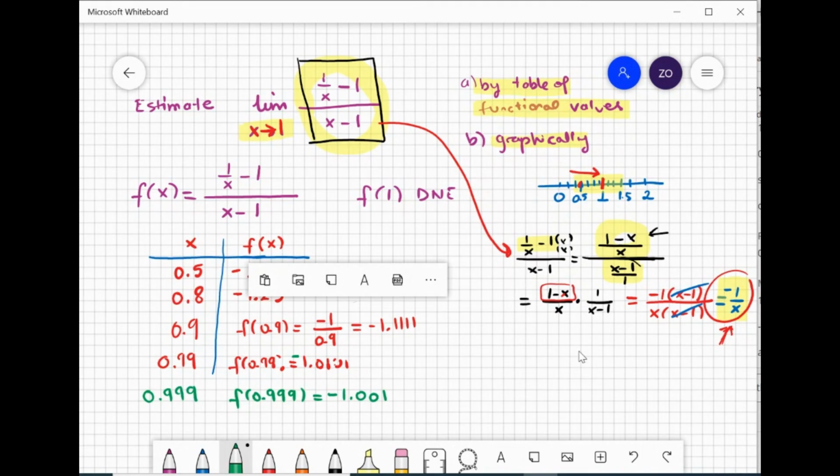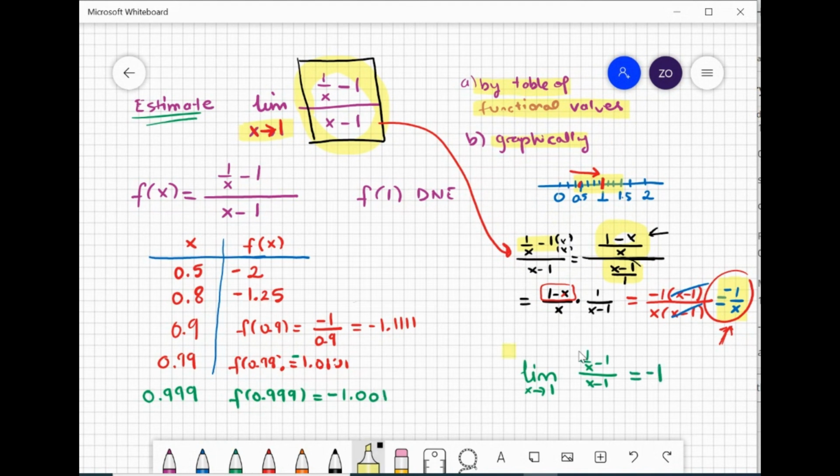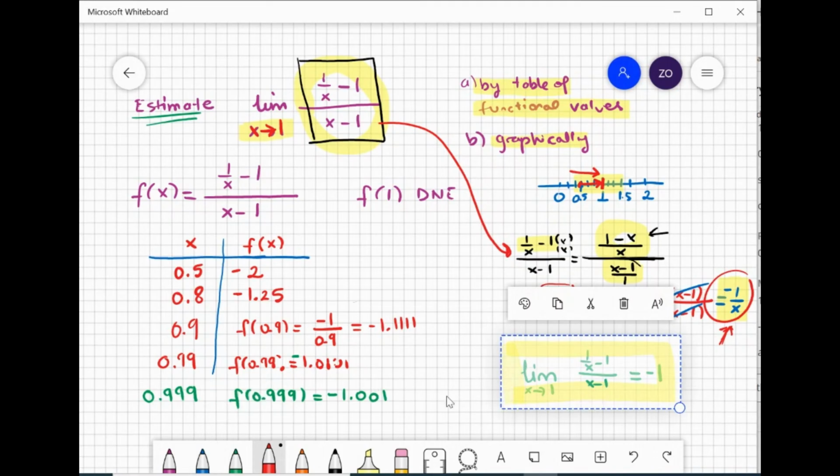Okay, so we were trying to estimate this limit, and we can say the limit of this function, let me write the whole original expression, as x goes to 1 is negative 1. So this is what we would like to obtain eventually, and we made this guess by choosing numbers that were smaller but getting close to 1.